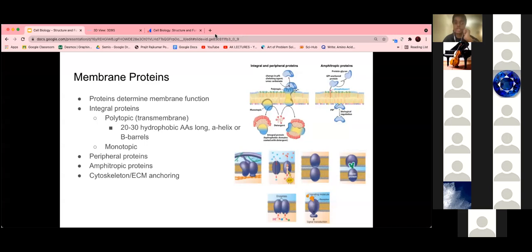All right, here it is. With the monotopic protein, you can see that it only spans part way into the bilayer, and it only sticks out on one side of the membrane. Meanwhile, with the polytopic membrane protein, you can see that it spans the entire bilayer and it sticks out on both sides. That's pretty much the difference, just the length that they span.